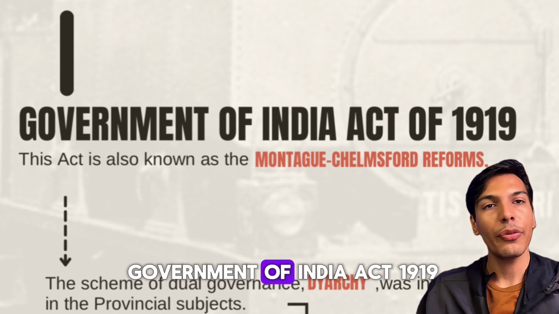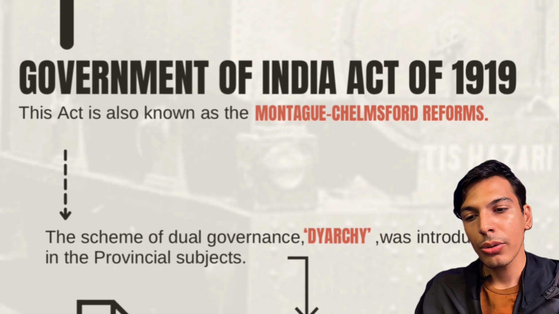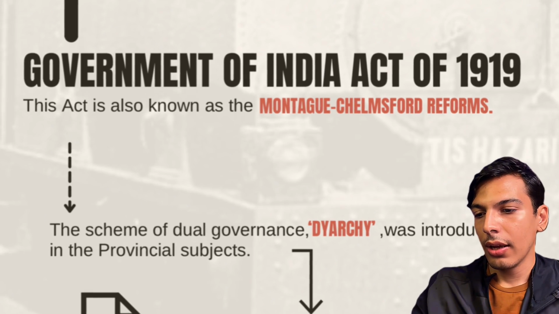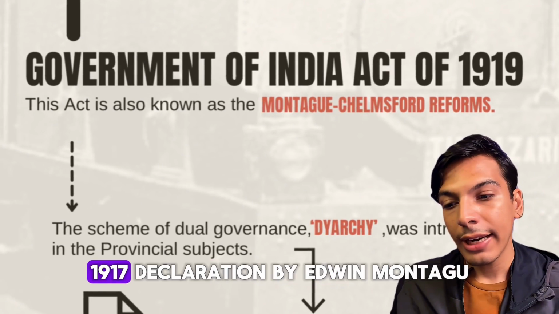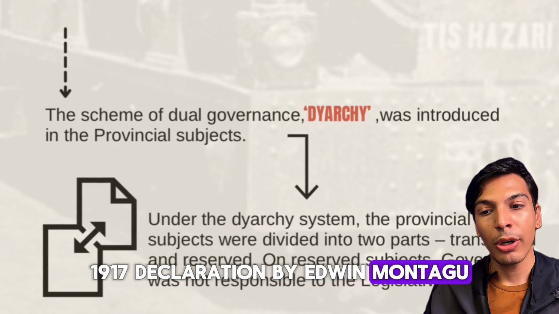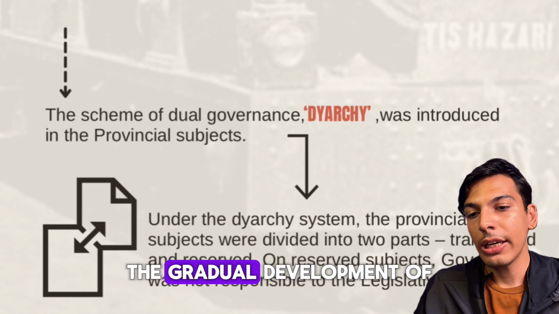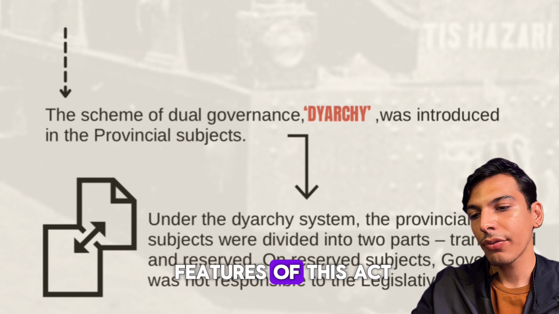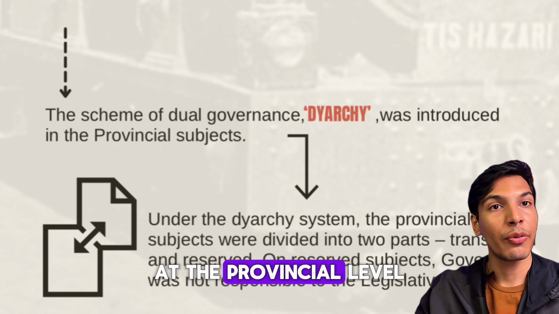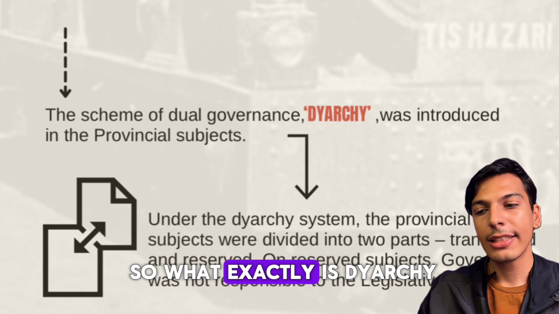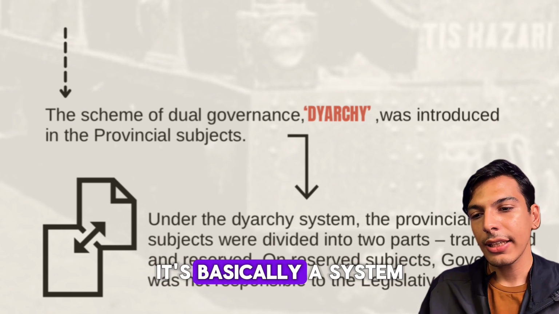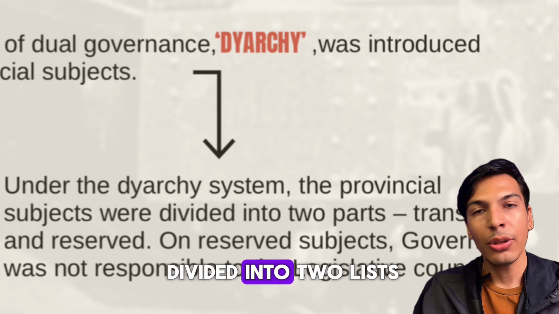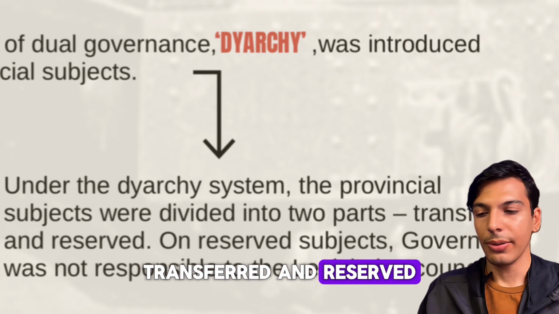Next, we have the Government of India Act 1919, also known as the Montagu-Chelmsford Reforms. This was based on the landmark 1917 declaration by Edwin Montagu, promising the gradual development of self-governing institutions in India. The key feature of this act was Dyarchy at the provincial level. So what exactly is Dyarchy? It's basically a system of double government, and provincial subjects were divided into two lists: transferred and reserved.